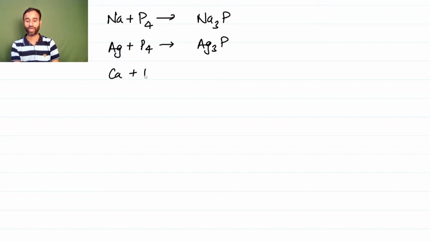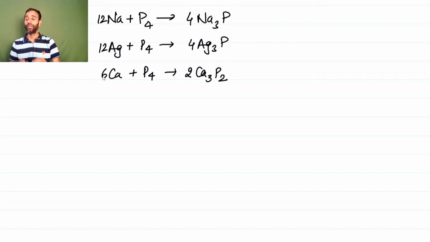Calcium can react with white phosphorus to give calcium phosphide. See, sodium is +1, phosphorus is -3. Okay, so 4, 12, 4, 12, 2 and 6.